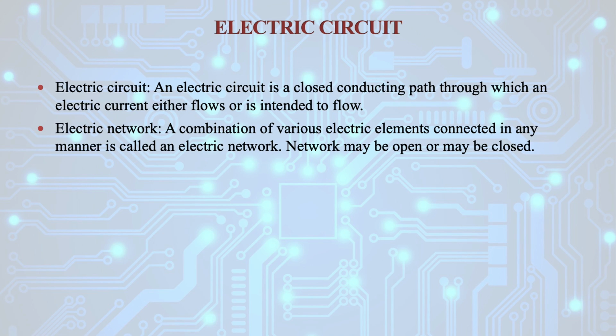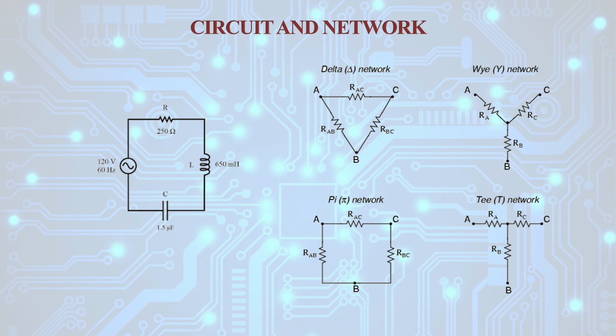So here you can see in the diagram, in the first diagram, there is a circuit which has three basic electrical elements, that is resistance, inductance and capacitance, and all these three elements are connected in series with a 120 volt voltage source. So this is one circuit. Another example that you can see is a delta network.